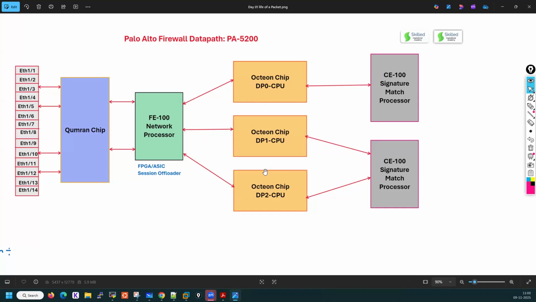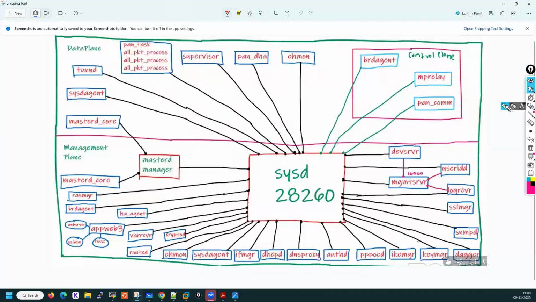Let me tell you one thing, because you have asked this question. In case of commit, basically, management server is the daemon responsible for your commit related tasks. Now, this particular functionality is offloaded to one more daemon called configd. This is the daemon responsible for your configuration management, and commit totally depends on how this daemon functions.